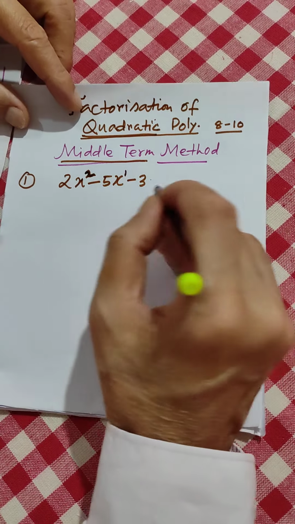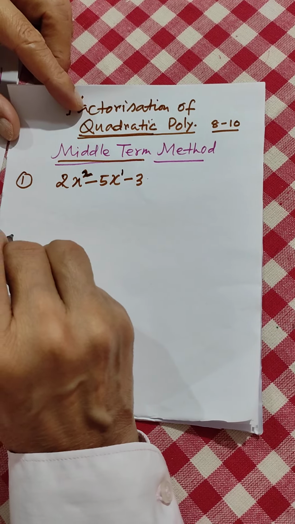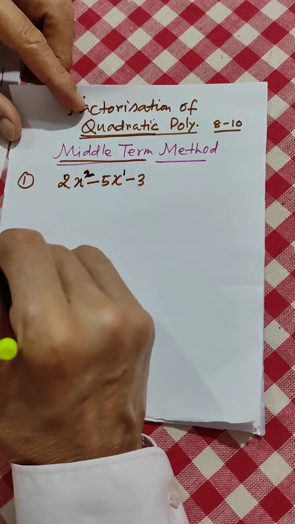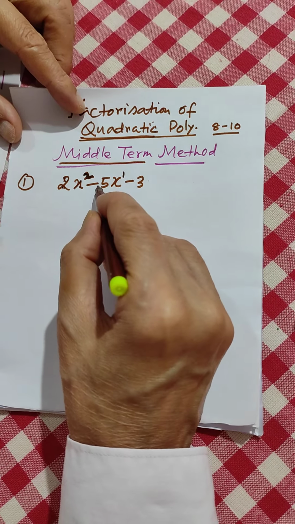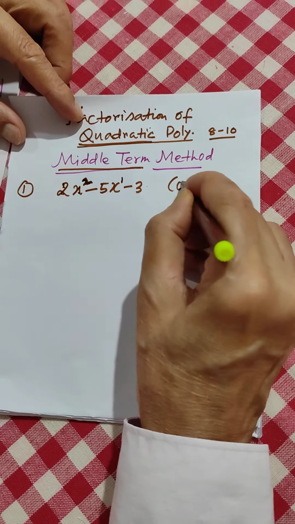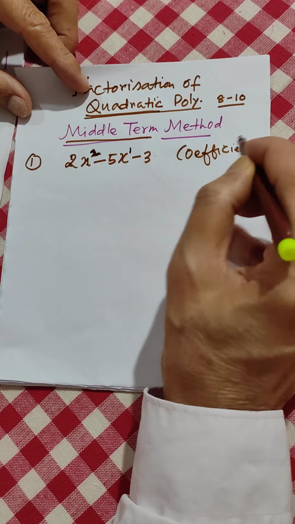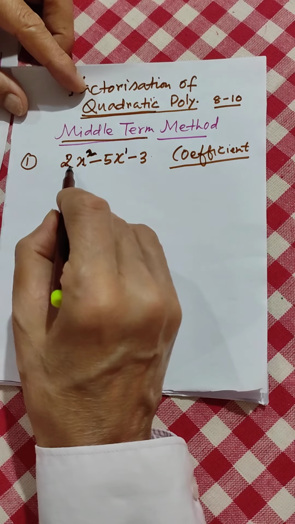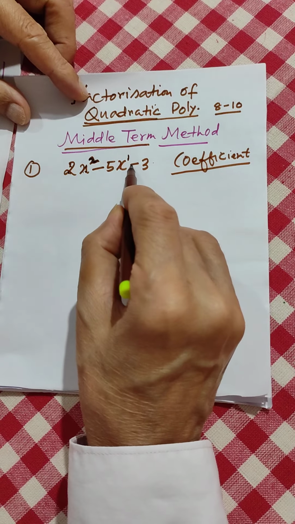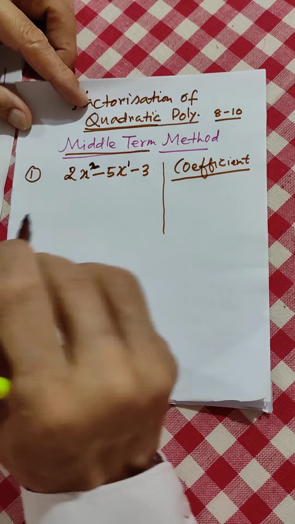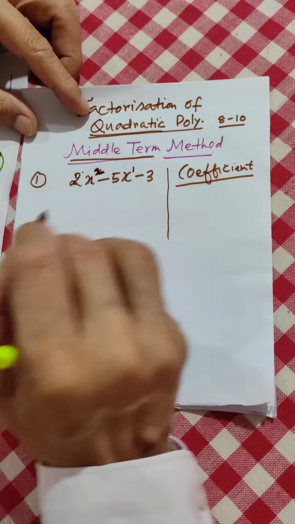Now how to do it? 2 is called the coefficient of x square, minus 5 is called the coefficient of x, and this minus 3 is the constant term. Now the method is we multiply the coefficient of x square and the constant term.